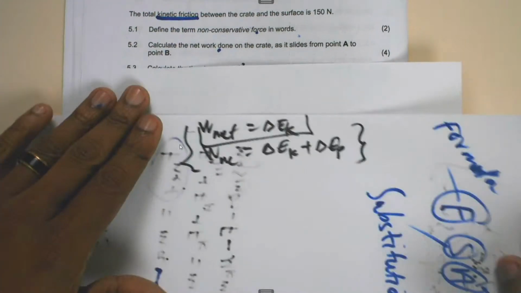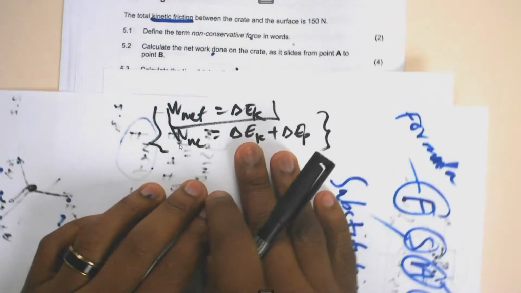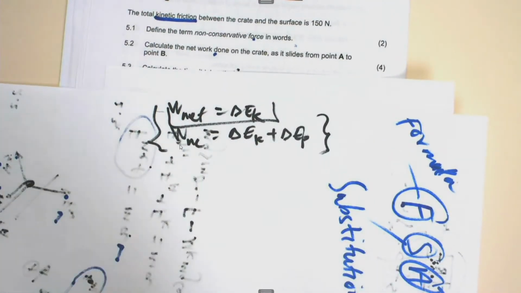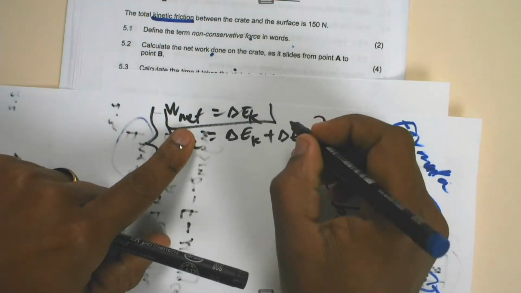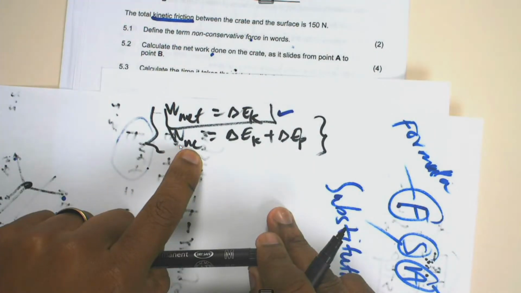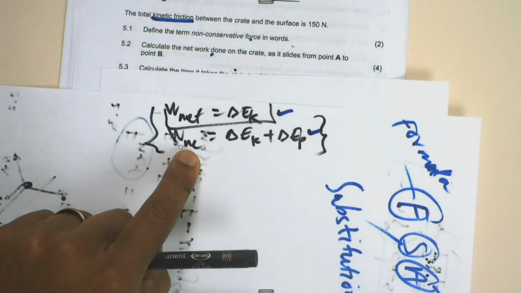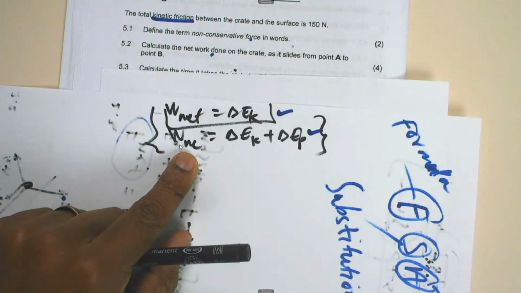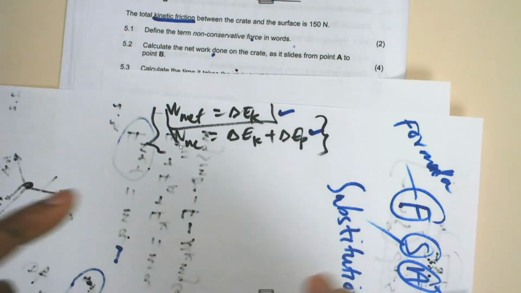So I gave you two options in this question. Because friction is given, one can work with the work energy theorem, or apply work done by a non-conservative force. For us to do this, it becomes quite easy.